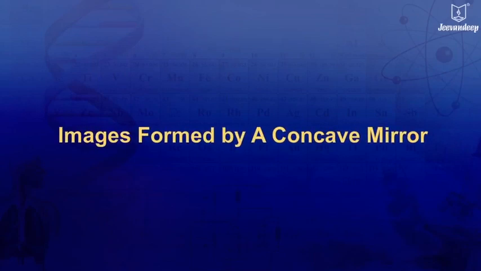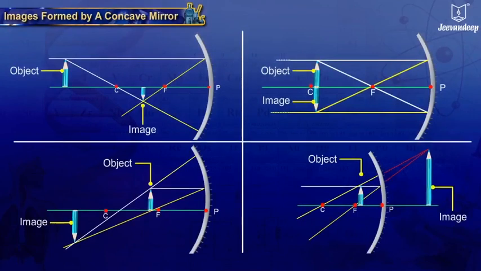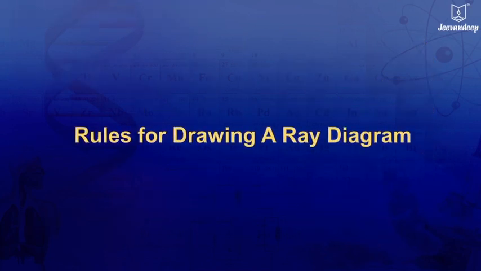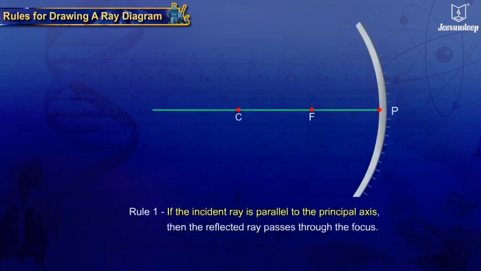Images formed by a concave mirror. The nature, position, and size of the image formed depends upon the distance of the object from the reflecting surface. Rules for drawing ray diagrams are based on laws of reflection. Images formed by a mirror can be studied with the help of a ray diagram. Rule 1.